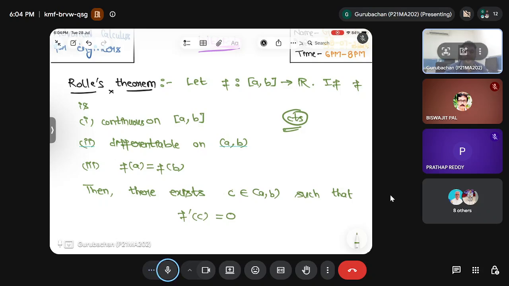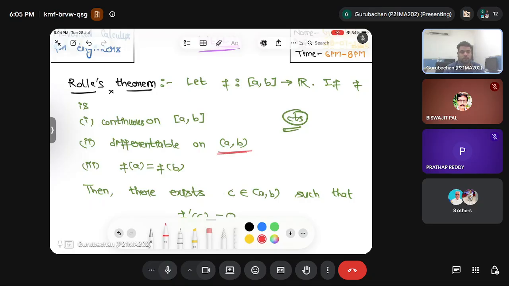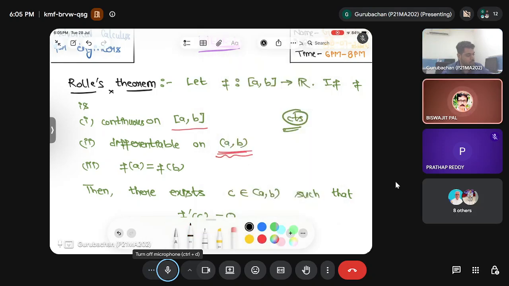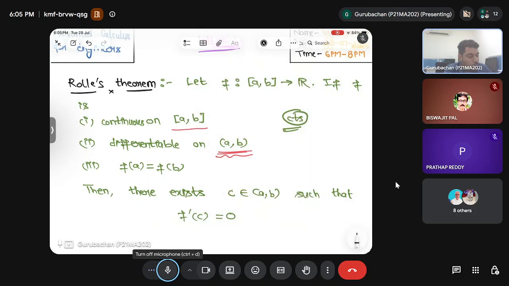So can anybody tell me why here we are taking an open interval in the case of differentiability? Here we are taking a closed interval, but here we are considering an open interval. Any idea? I'm asking why we are talking about the open interval rather than the closed interval.